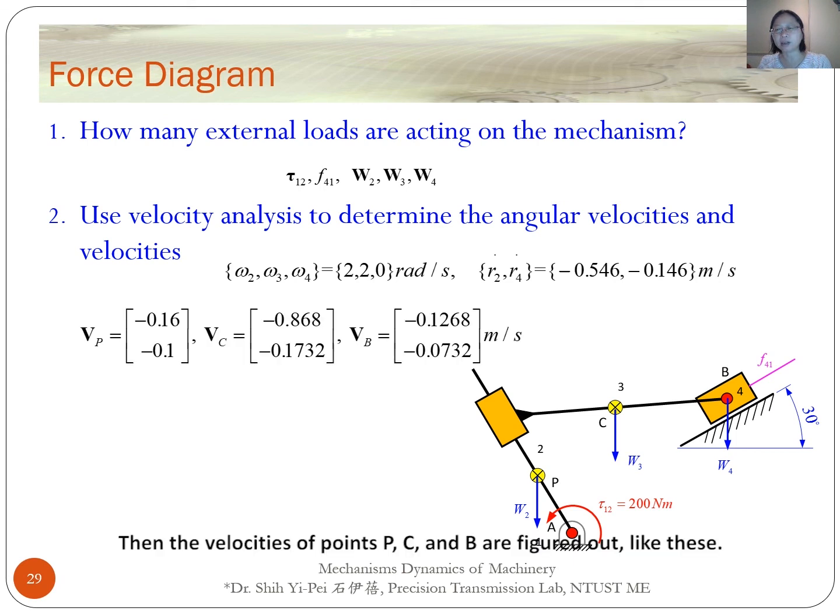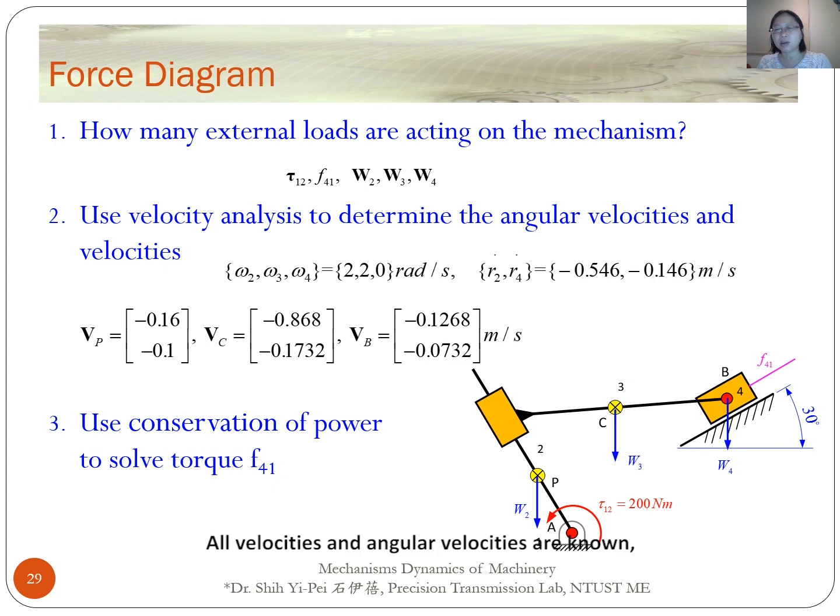Then the velocity of the points P, C, and B are figured out like this. All velocities and the angular velocity are known. Then we can use conservation of power to solve output force F41.